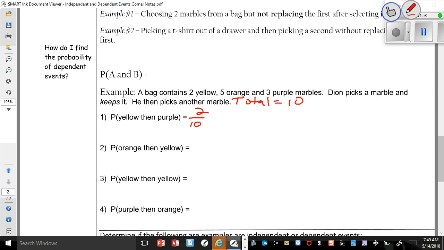And then purple. Keeps it though. Remember, he doesn't put it back. So there are still 3 purple, but how many total? 9, right? So we're going to get 6 over 90.